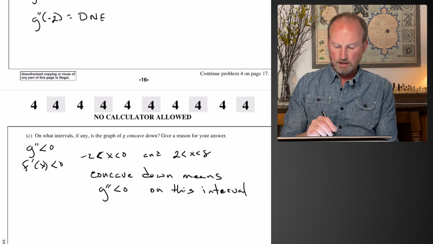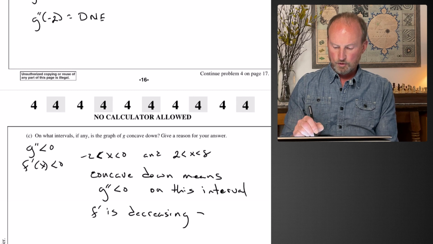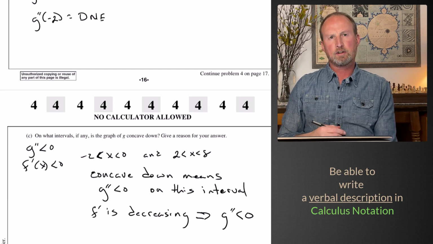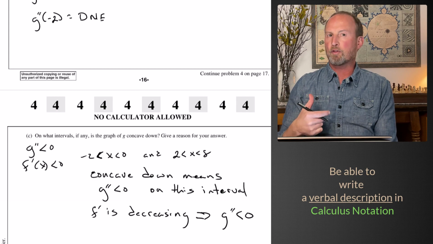It wouldn't hurt to say f prime is decreasing, which implies g double prime is less than 0. Because technically that's how we knew. When you're asked to justify, you need to explain your thought process.